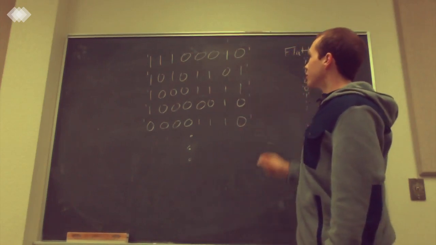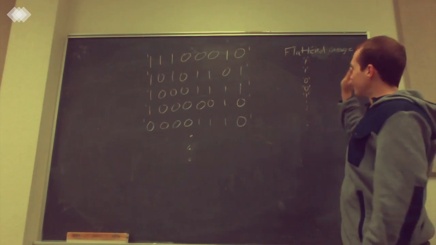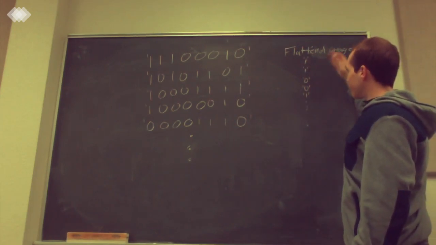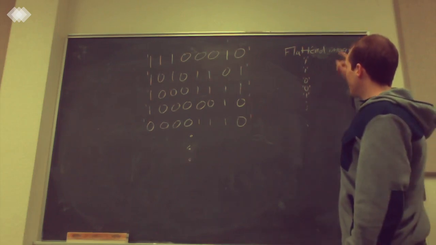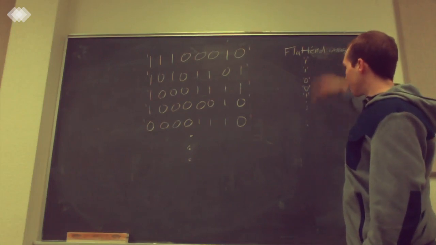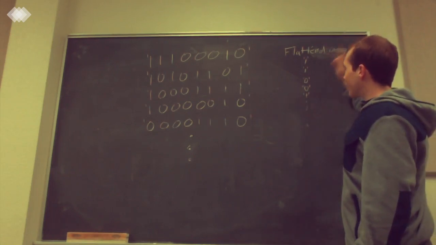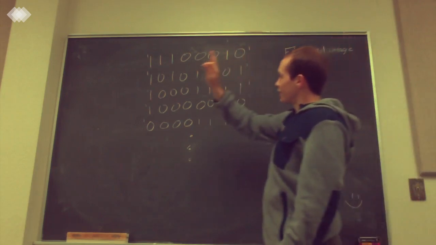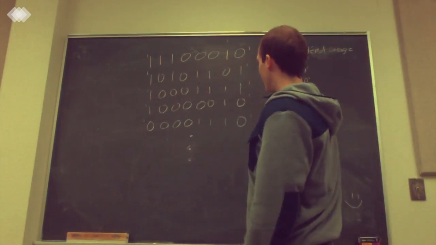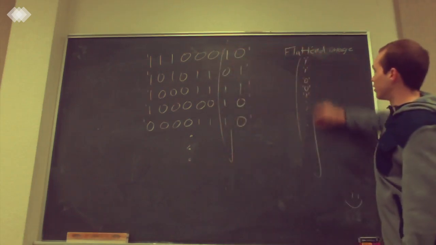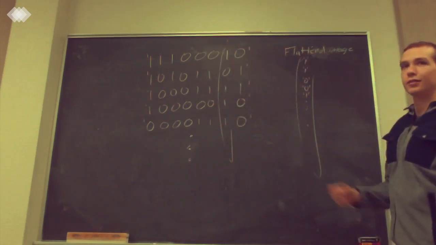So we take the flattened image of our hidden picture that we want to hide. That is a 400 by 400 array of ones and zeros, and we flatten that using the colon operator and convert it to string using num2str. And then we can take this whole array and say, we want to replace the second column with the whole column of the flattened image. And that's how that works.